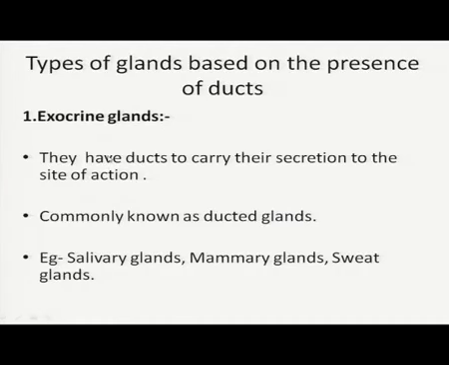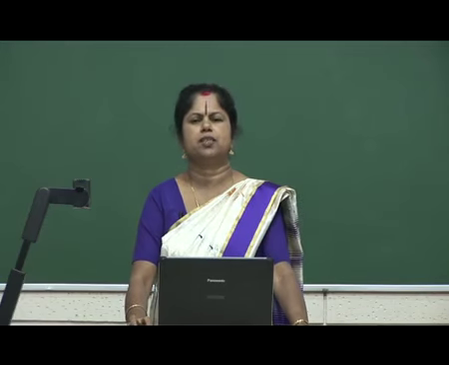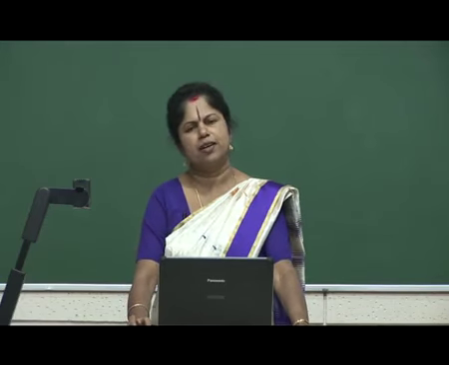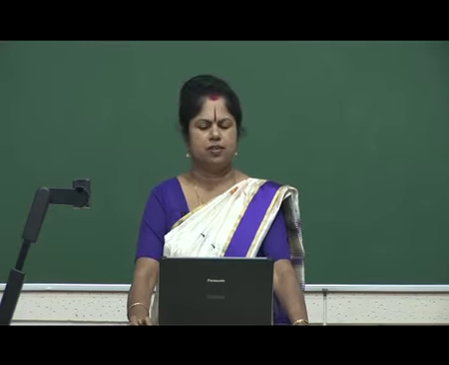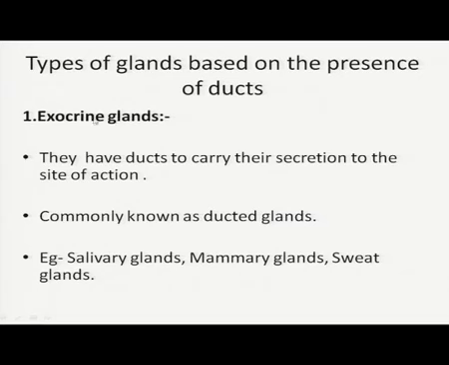Now, coming to the category of glands based on the presence of ducts. Whether it has a duct or no ducts. So, based on the presence or absence of ducts, we can again classify glands into different types. The first category is known as exocrine glands.